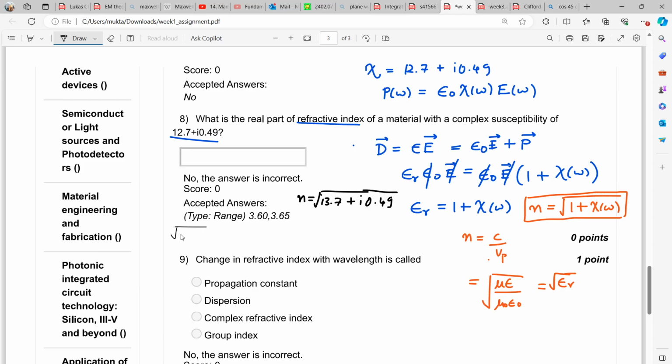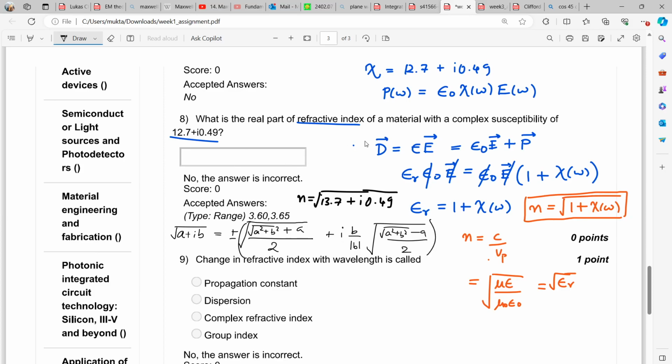Root of a plus ib is equal to plus or minus, bracket, root of the quantity root of a squared plus b squared plus a, upon 2, whole thing, plus i times b by mod b, into root of the quantity root of a squared plus b squared minus a, by 2.